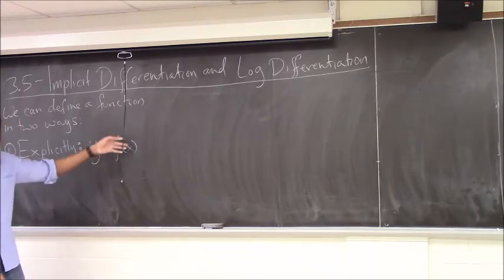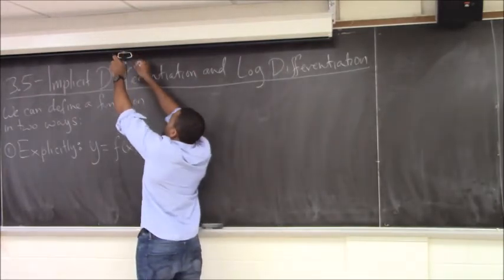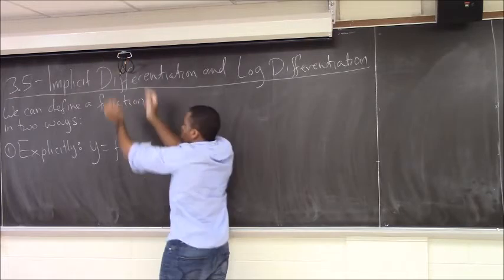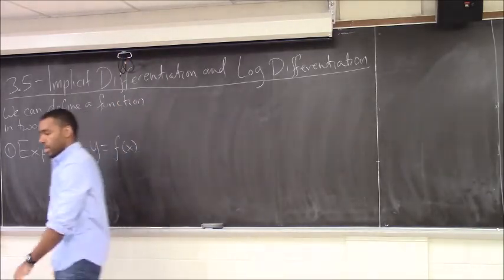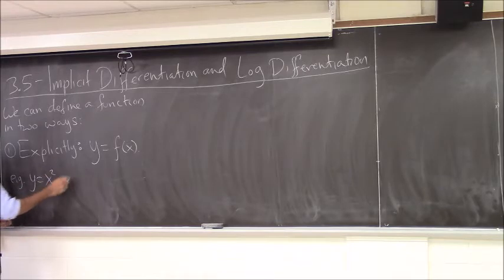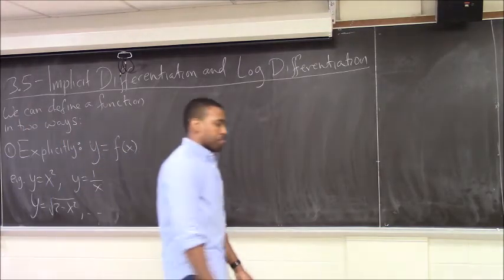This is called the explicit definition of a function because your dependent variable is on one side by itself, explicitly out in the open, and it's equal to some formula that involves the independent variable. Examples of that are y equals x squared, y equals 1 over x, y equals the radical of 2 minus x squared, etc. Like what you think of when you think of a function.